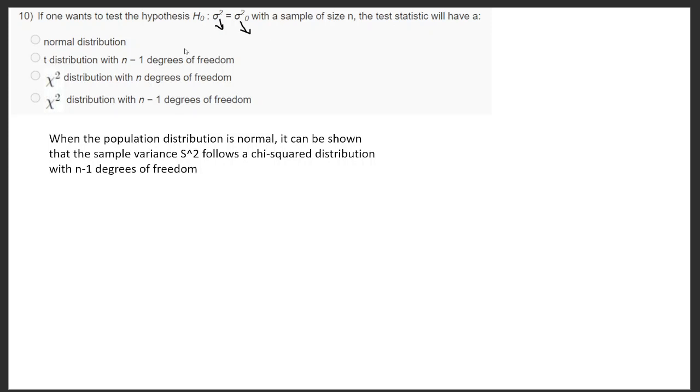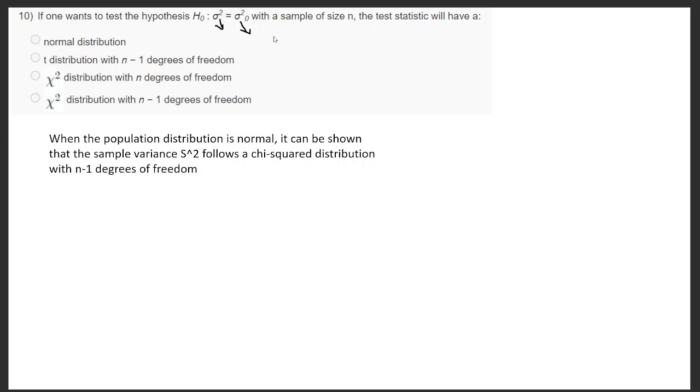actually we have studied before also. The sample variance is an unbiased estimator of the population variance.